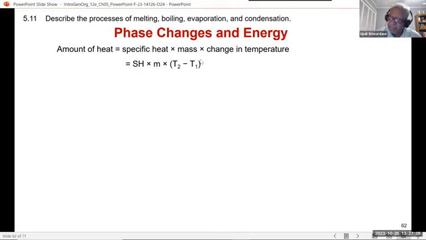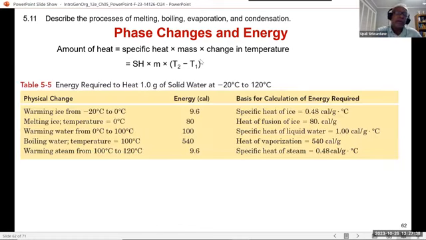Final minus initial temperature. So if you look at the phase changes associated with water here, the energy required to heat 1 gram of solid water at minus 20 degrees Celsius to 122. There are 5 steps in here. You start from ice at minus 20 degrees Celsius and heat it up to 0 degrees. So ice absorbs heat.